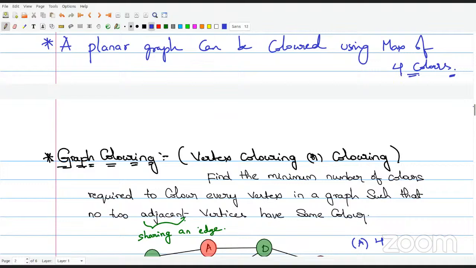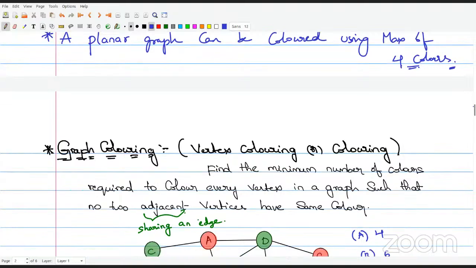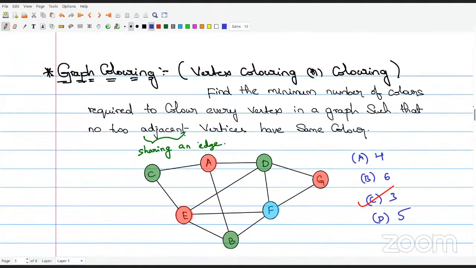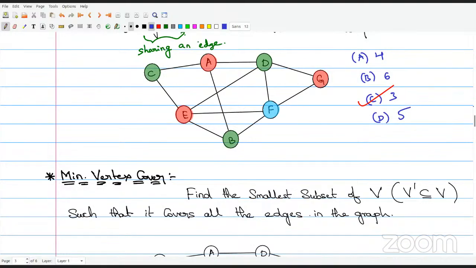Don't say 5 or 6, it will definitely go wrong, because a planar graph can be colored by taking at most 4 colors. That is a theorem, a great theorem that was proven in recent years.